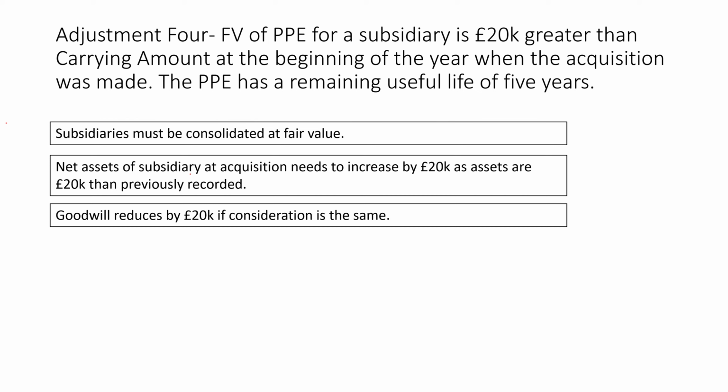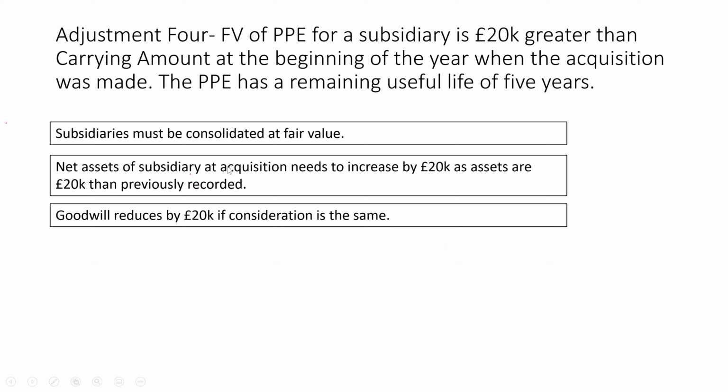If you're increasing net assets at acquisition by 20k, you're reducing goodwill by 20k, okay? But you don't need to remember this. I'm just trying to show you the impact this is having. We do separate calculations for goodwill, but you'll see that if you're increasing net assets by a certain amount, that's going to have a knock-on effect on goodwill, because goodwill represents the difference between the consideration and the net assets at acquisition.